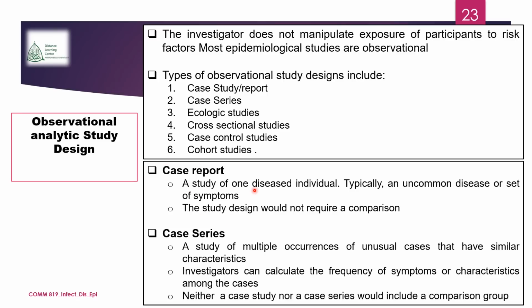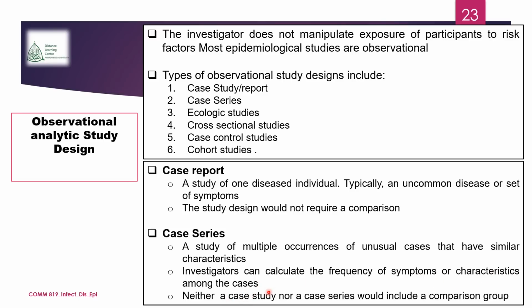Then we now have the case series. The case series, we said, is a study of multiple occurrences of unusual cases that have similar characteristics. Here the investigator can calculate the frequency of symptoms or characteristics among the cases.